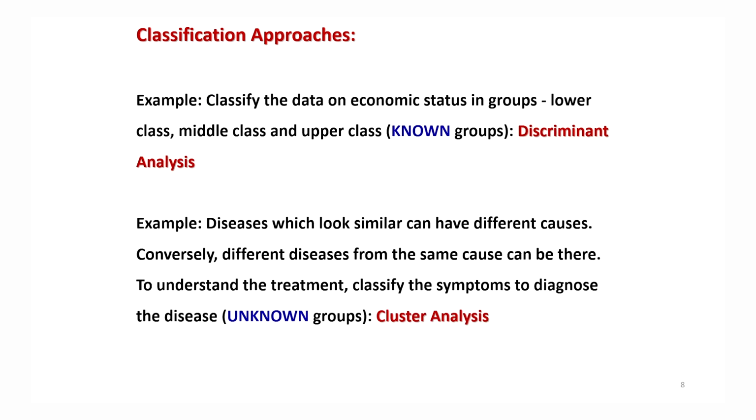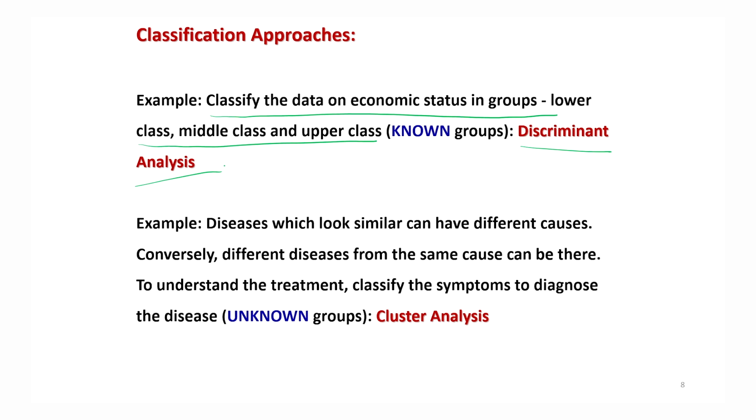So, for example, in the case of classification approaches, let me take some more examples, which happen on a day-to-day basis. We always try to classify data on economic status into groups, for example, lower income group, middle income group, upper income group, or lower class, middle class, upper class. These are known groups, and we assign an individual into one of them. This is called discriminant analysis.